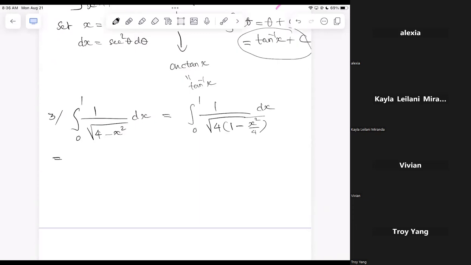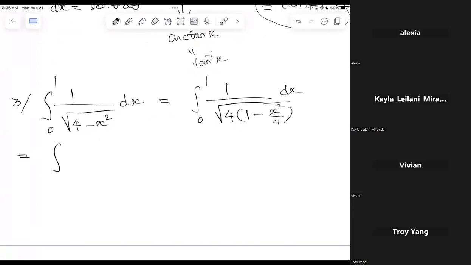Then the square root of 4, I can write as 2, and I can write 1 minus x over 2. Right with me?